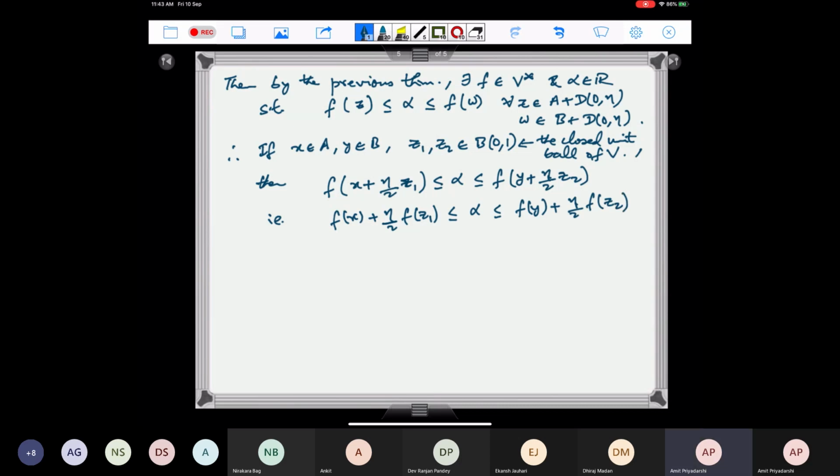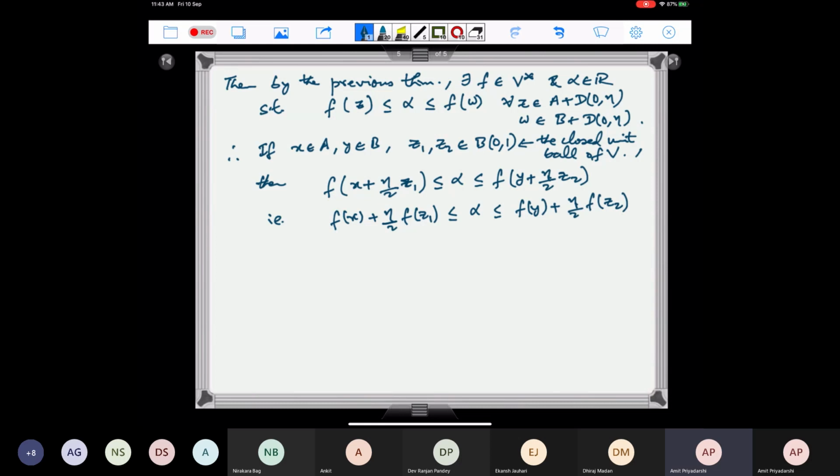Now if I take the supremum of the left hand side for all z1 in the closed unit ball, what is the supremum of f of z1 where z1 belongs to B01? That gives exactly the norm of f, right?